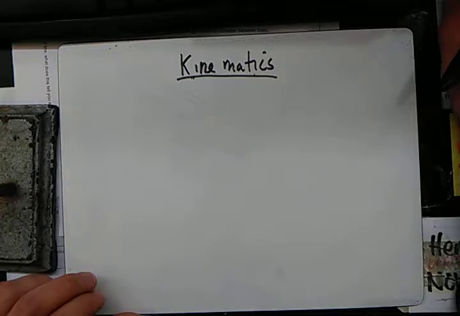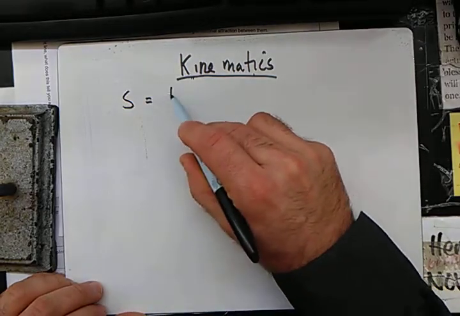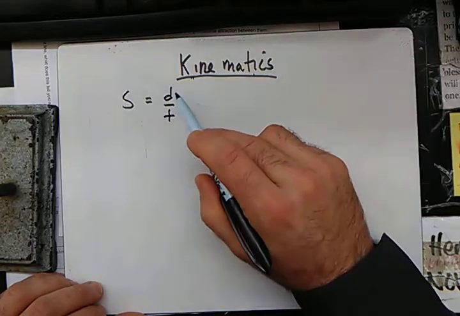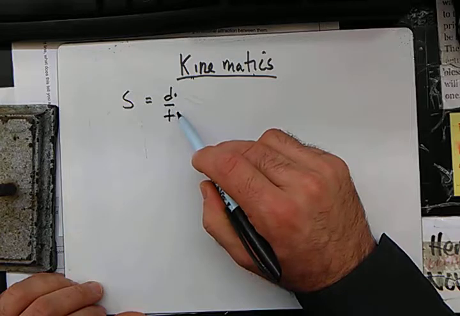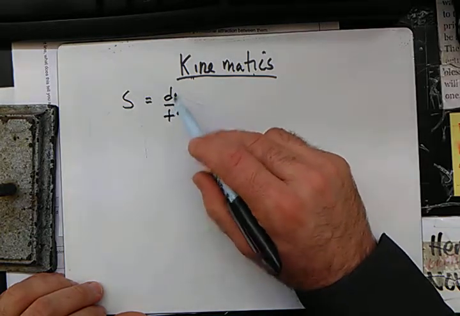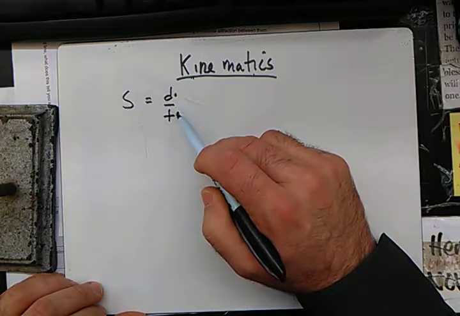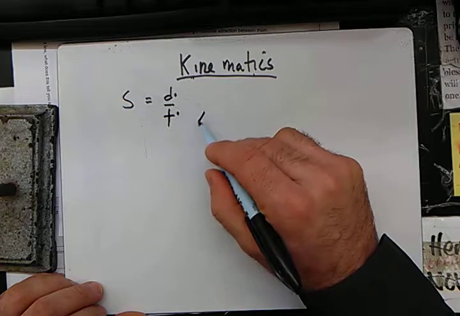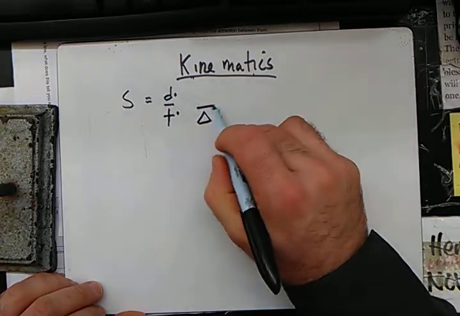And in the last section, we learned how to calculate speed. Just to recap, speed is the distance divided by the time. And distance is a fundamental quantity which really can't be described unless compared to other things. So the time can be referred to as delta t, which is change in time.